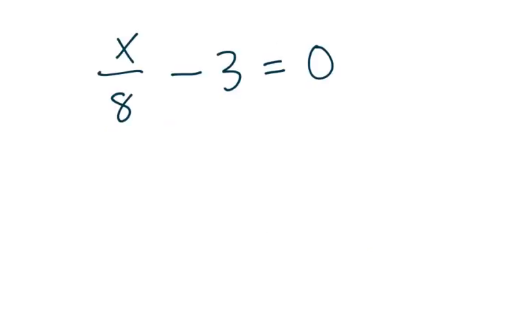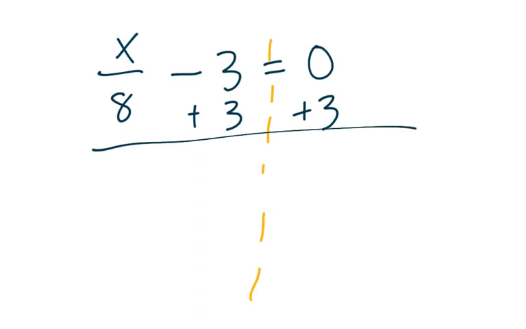Okay, so here we have x divided by 8 minus 3 equals 0. So I'm going to start away from the x, okay? And I also need to remember to start with my brick wall. So I'm going to add 3 to both sides, so I'm going to move it to the other side. And big line, I'm going to be left with x divided by 8 equals 3.